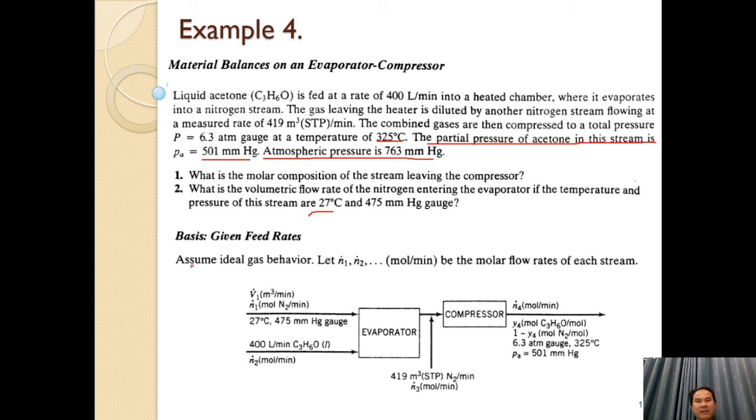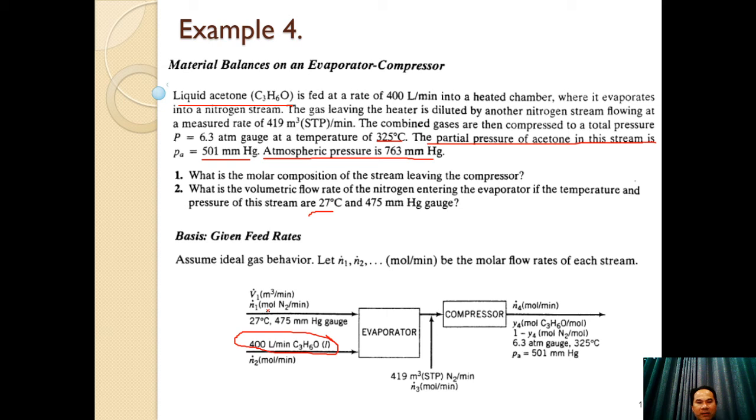Then you assume all of this as ideal gas, and we have two processes, the evaporator or heater and the compressor. Into the evaporator we have two streams. The first stream is liquid acetone, 400 liters per minute, and you denote N2 as the molar flow rate of liquid acetone. Another feed stream is nitrogen.